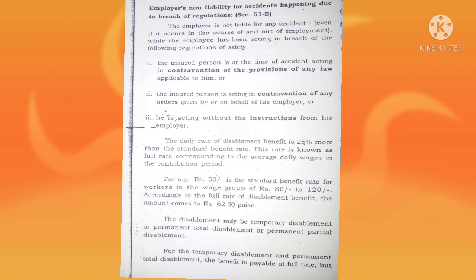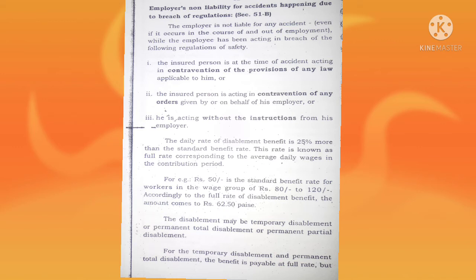Employer's non-liability for accident happening due to breach of regulations, section 51B. The employer is not liable for any accident, even if it occurs in the course of and out of employment, while the employee has been acting in breach of the following safety regulations.